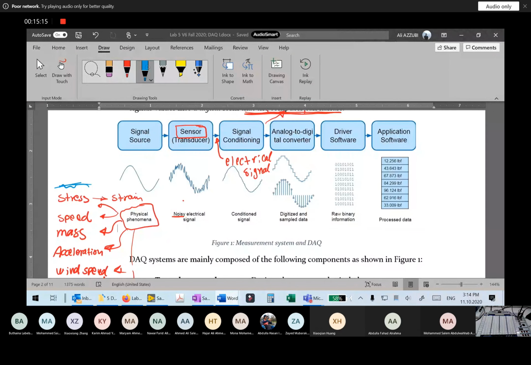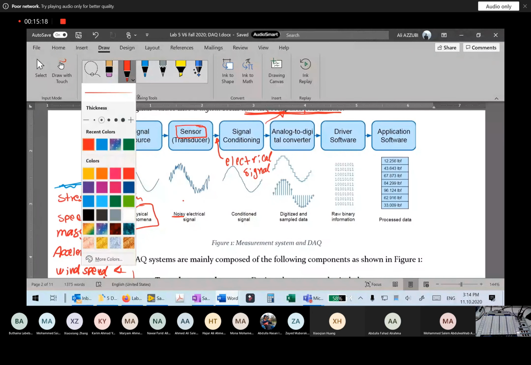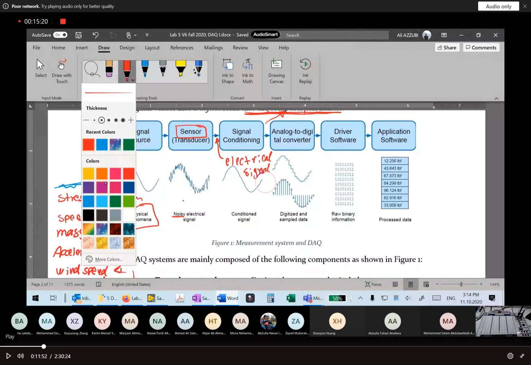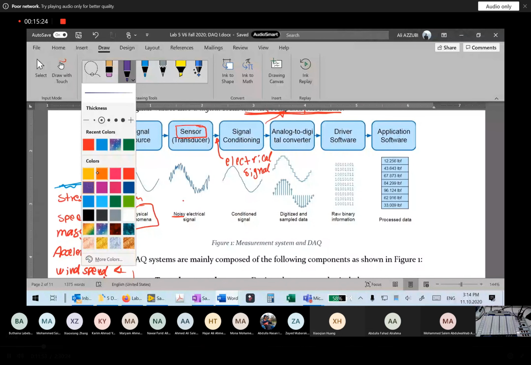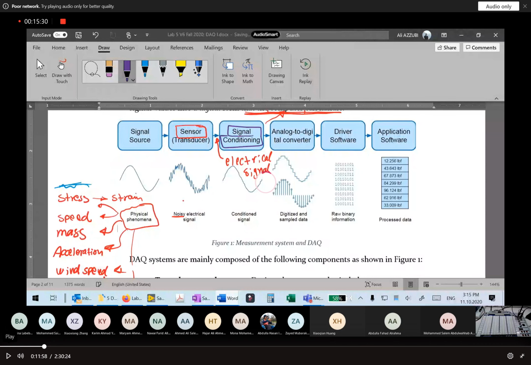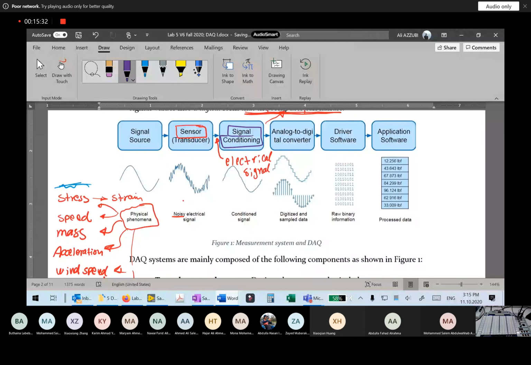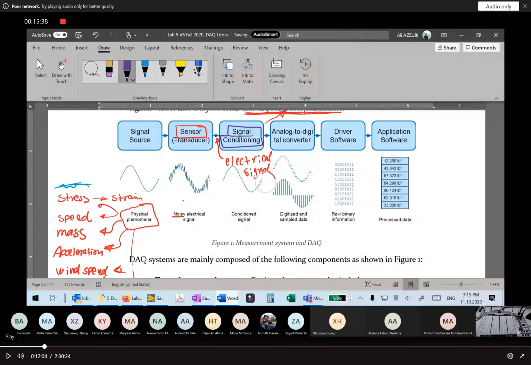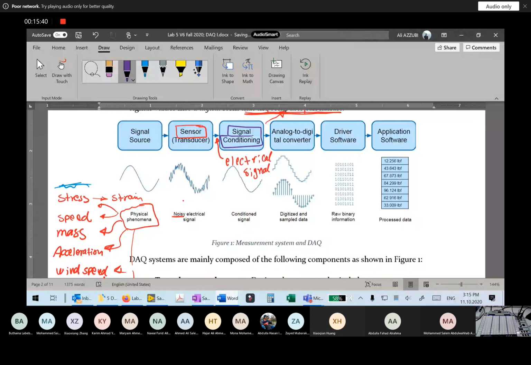So the need for signal conditioning arises. This is signal conditioning. An example of signal conditioning is to use filters. So this is the conditioned signal here.